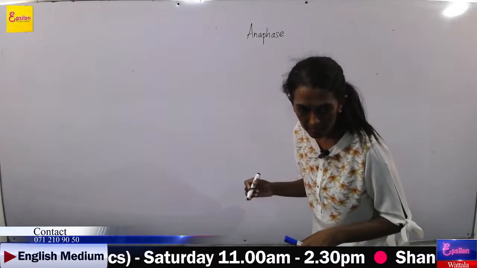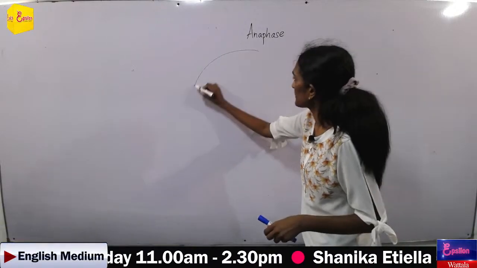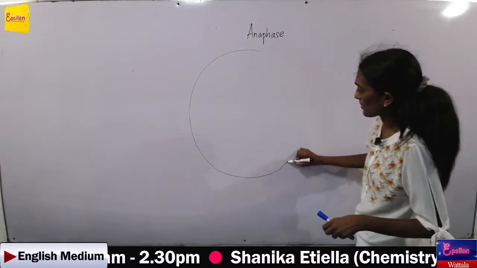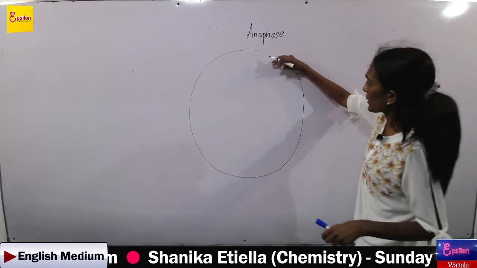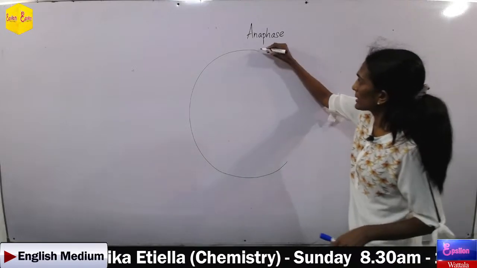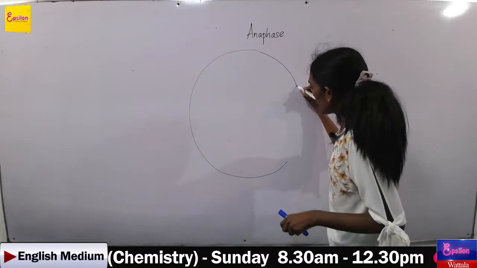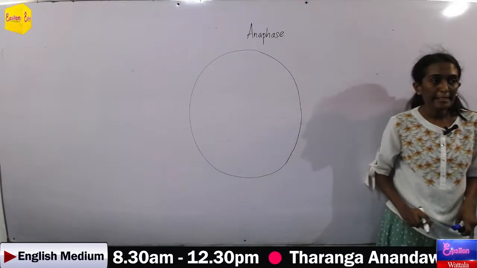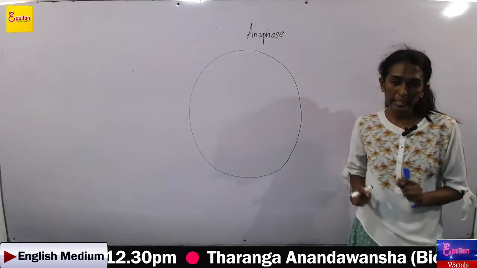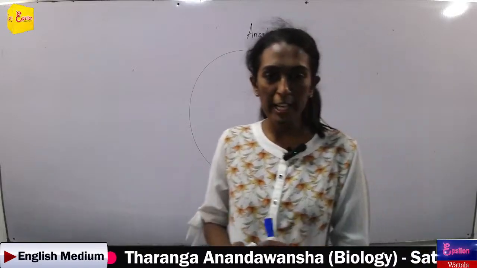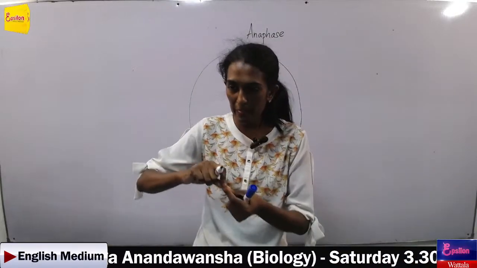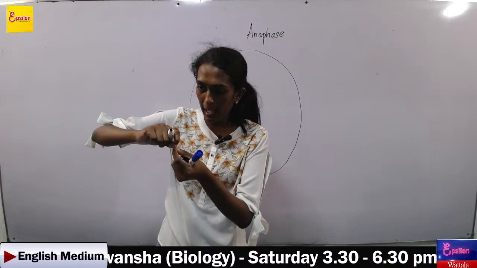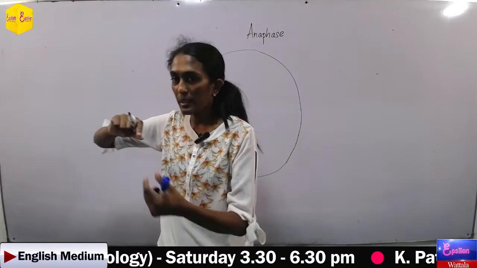Done? Anaphase. So in the anaphase, what's going to happen is the non-kinetochore microtubules are lengthened. Kinetochore microtubules are shortened. Kinetochore microtubules are the ones which are attached to the chromosome. So when they are shortened, they are going to drag the chromosome also.